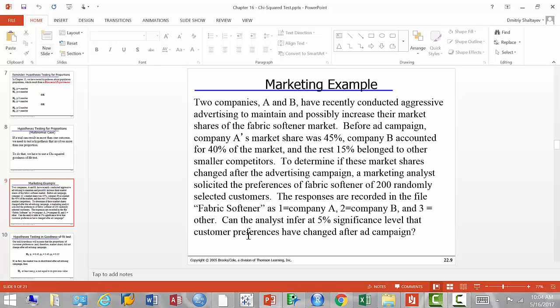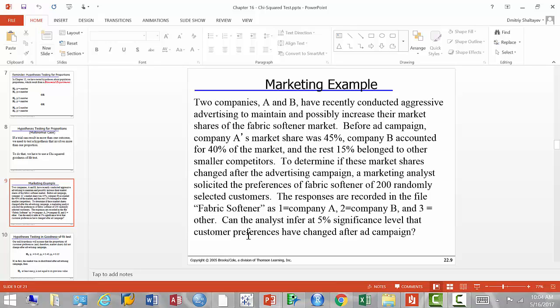They controlled 45% of all the sales. Their closest competitor, company B, controlled 40% of the market. As you can see, 40 plus 45, that's 85. Where is the other 15? Well, the remaining 15% of the market was split between smaller players.